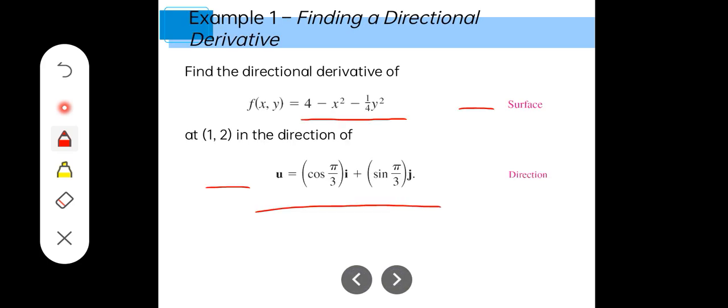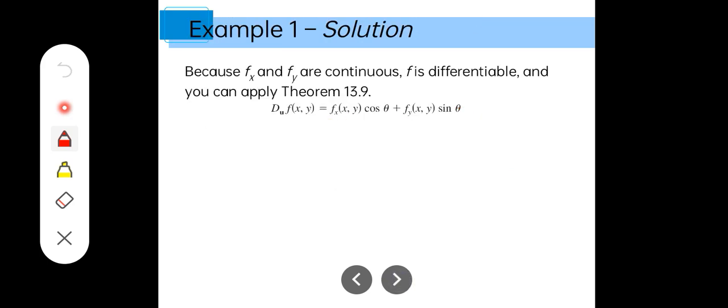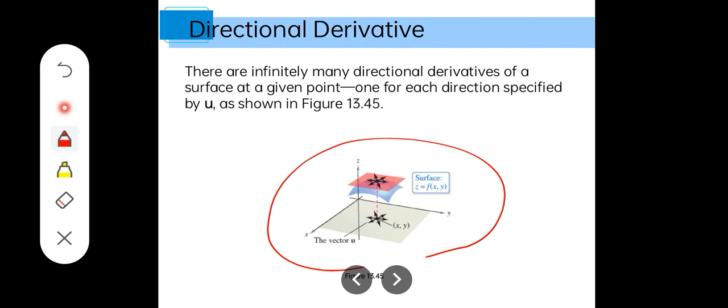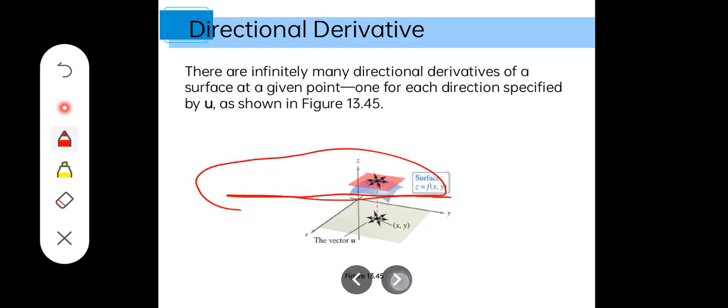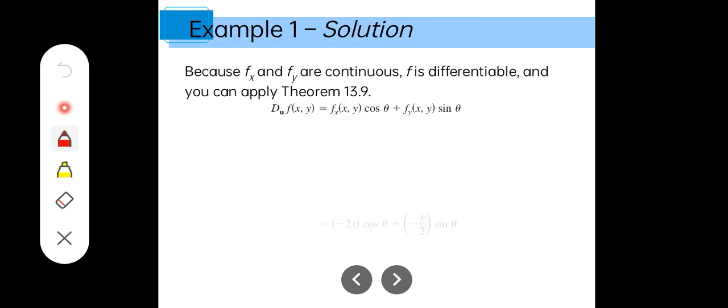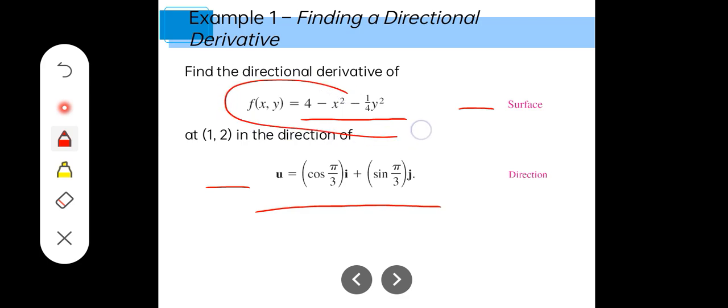In finding the directional derivative, because f_x and f_y are continuous, f is differentiable and you can apply this theorem. What we are going to do is substitute the derivatives.